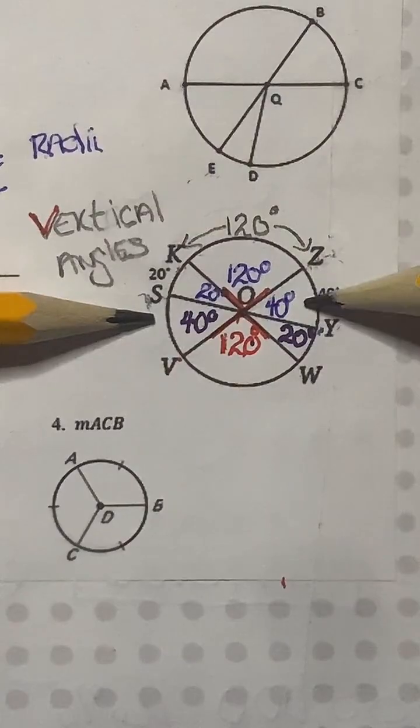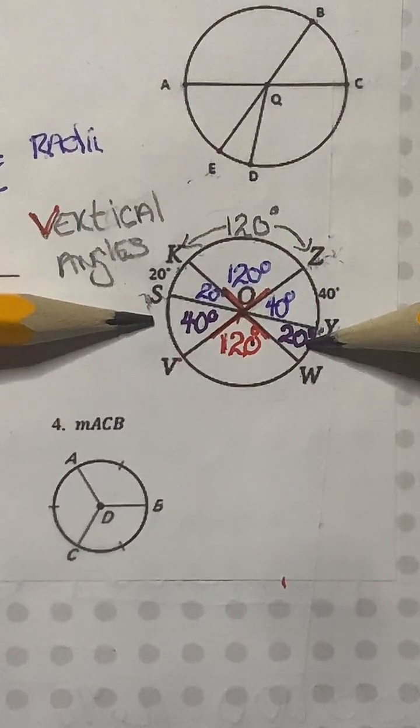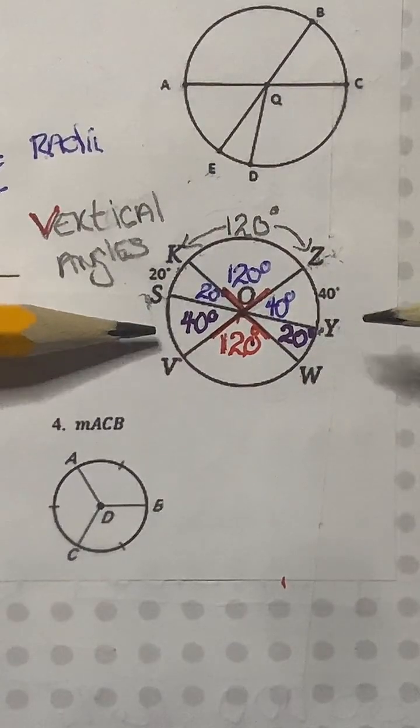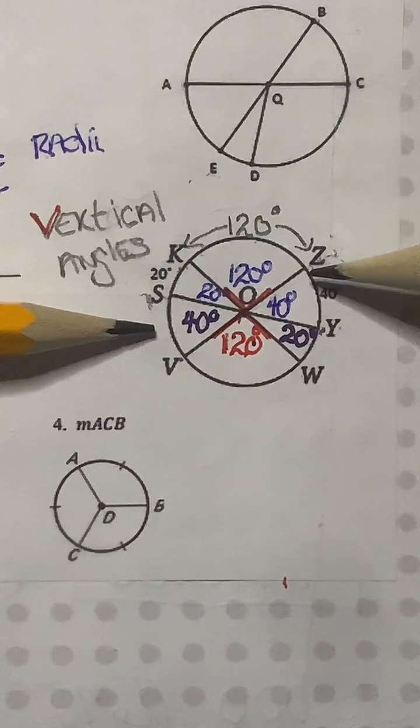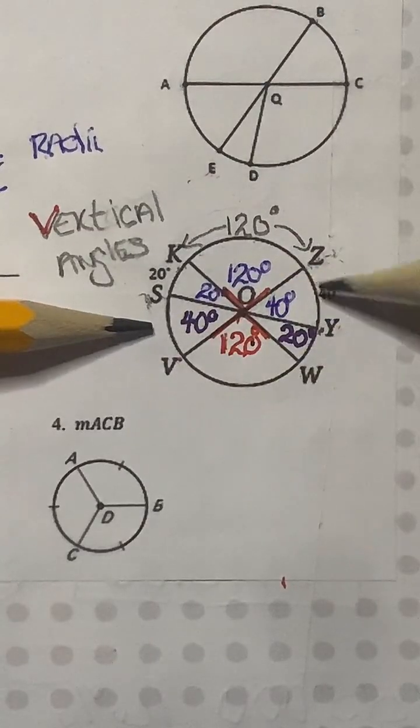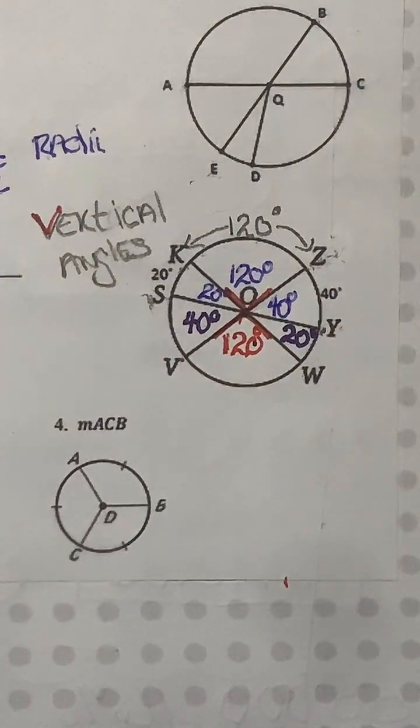So 40 and 40 is 80 plus 20, that's 100. 100 plus 120 gives you 220. So the major arc of ZWS, you're just adding them up to give me 220.